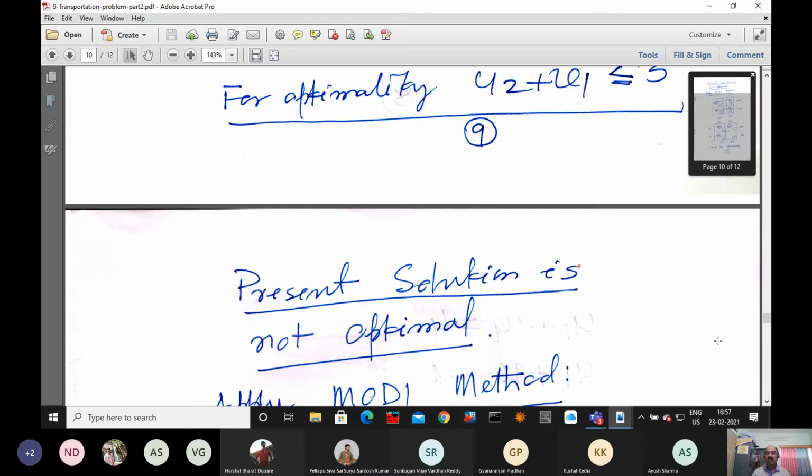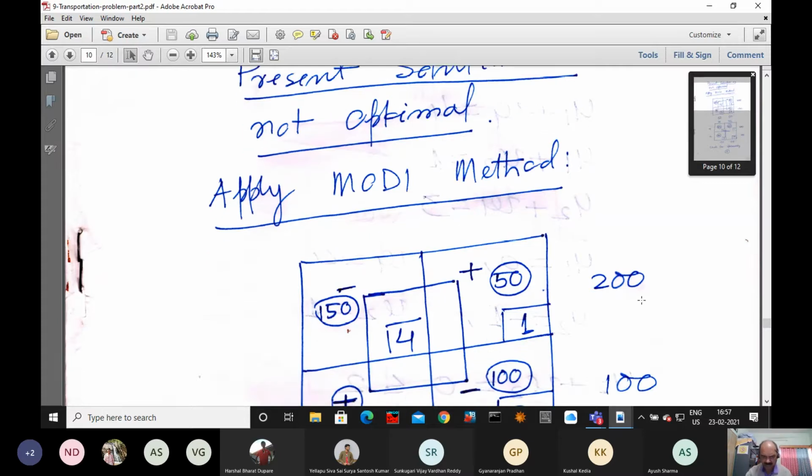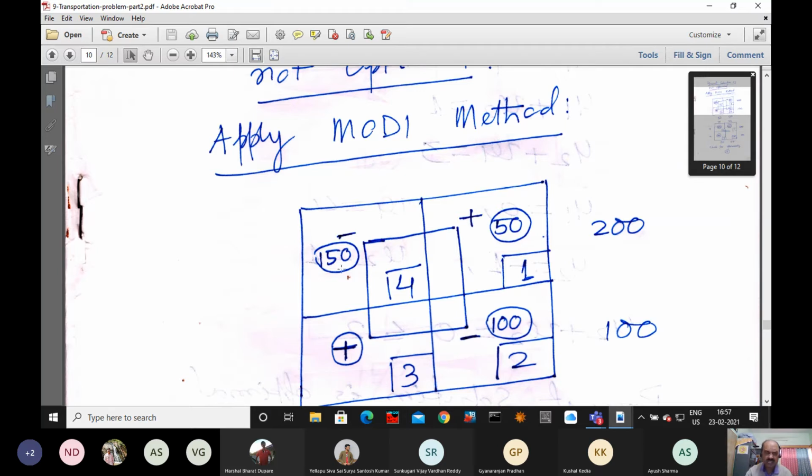So how to improve? I will tell you. The present solution is not optimal, so we'll apply Modi's method. What is Modi's method? Modi's method is known as the modified distribution method. You can see here how to modify. This is 150, we have occupied.